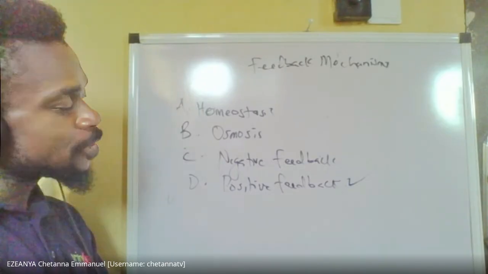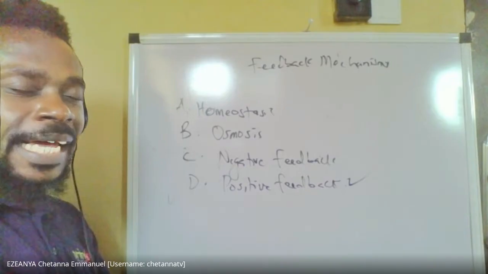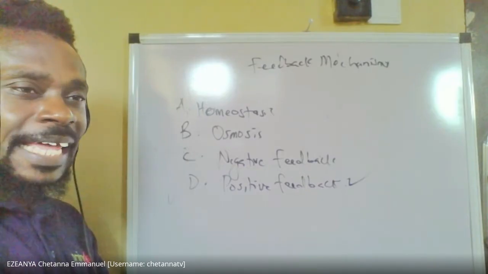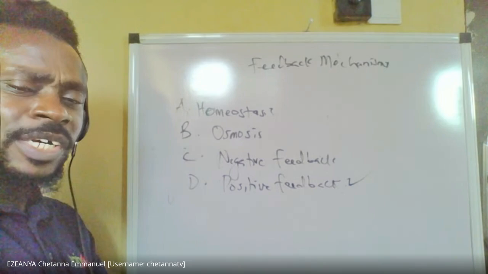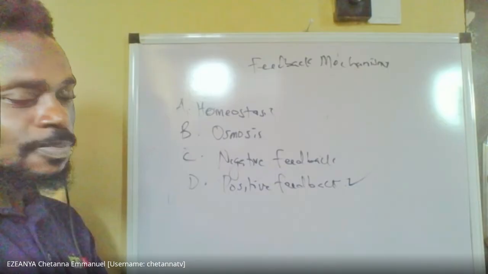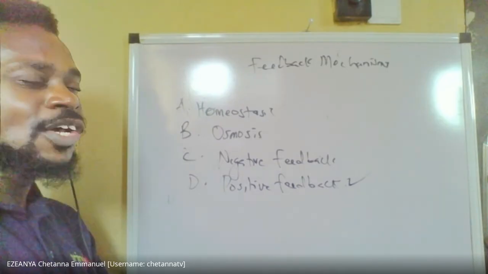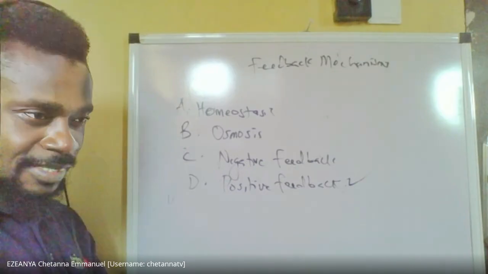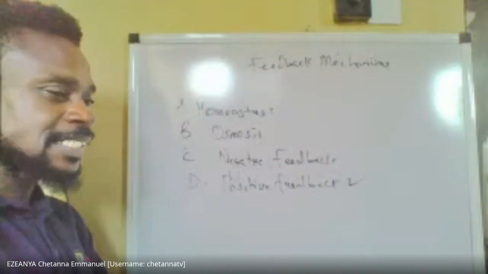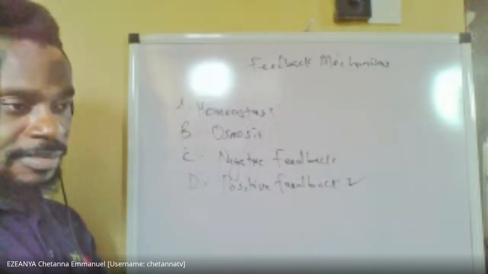Basically, even in your biology in secondary school you read homeostasis, right? Yes, sir. Good. The body always wants to maintain a balance. If there's any change in the body system, the body will look for a way to balance it. That is natural in the body.